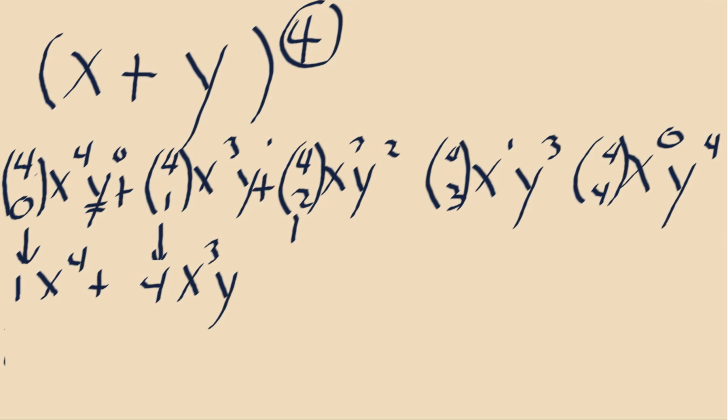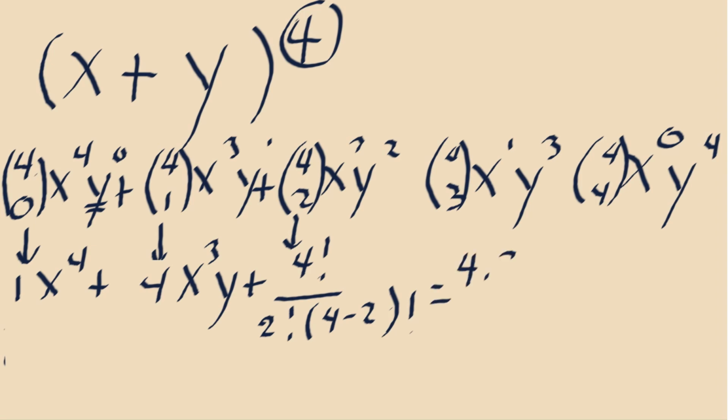Okay, what about this combination of 4 taken 2? So this is 4 factorial over 2 factorial times 4 minus 2 factorial, which is equal to 4 times 3 times 2 times 1 over, okay, 2 factorial is 2 times 1. And then 4 minus 2 is 2 factorial, which is again 2 times 1.